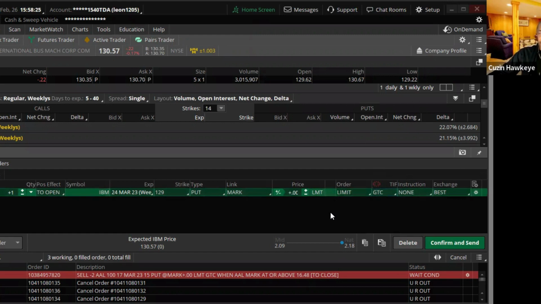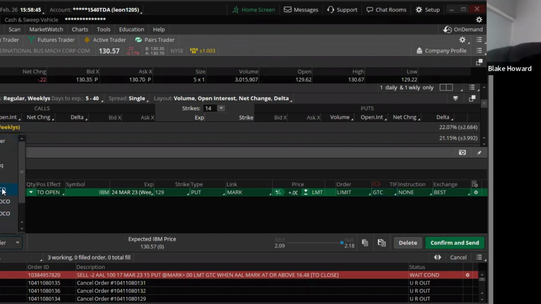So now we got our order in place. Now we're going to put in our profit target and our stop loss to protect our money. So down here, it says single order. That's what we have in right now. It's just a single order like you've been doing. Click that and open it and go to First Triggers OCO.